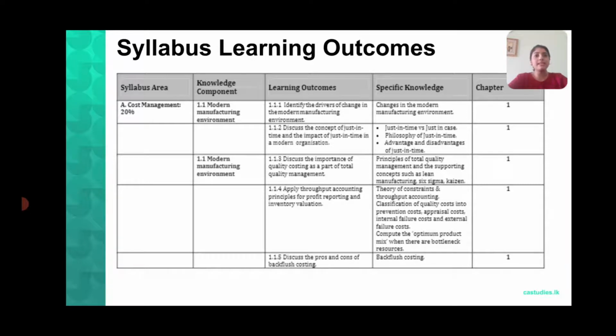And under that, they have built learning outcomes relating to those knowledge components. Let's see what they are. But before that, let's understand what is modern manufacturing. Because your syllabus is based on this concept of modern manufacturing.